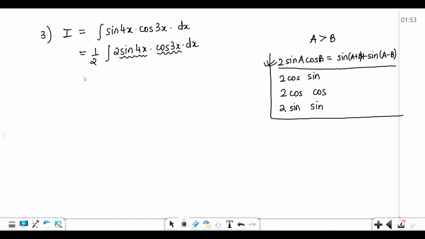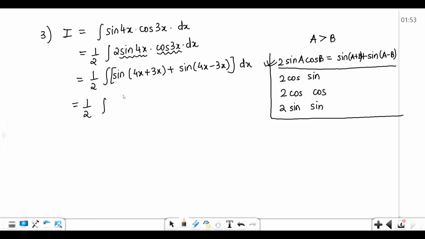So this will be the integral of sin(4x plus 3x) plus sin(4x minus 3x) dx. You can draw the bracket so you don't get confused. 4x plus 3x gives 7x, and 4x minus 3x gives x, so the integral of sin 7x plus sin x dx.